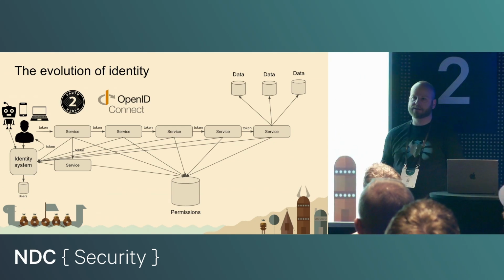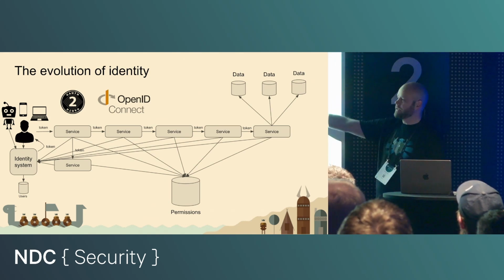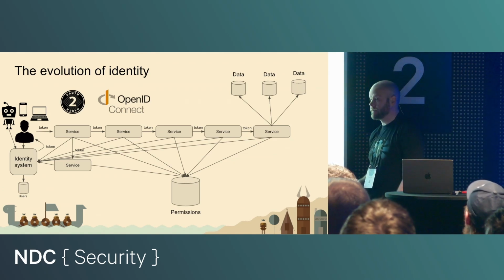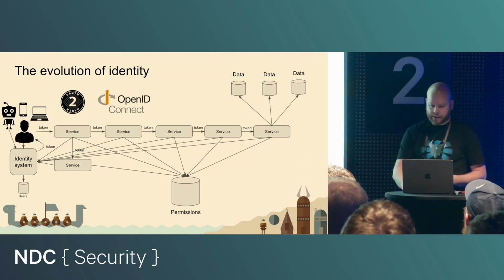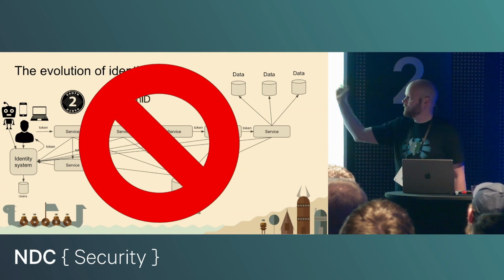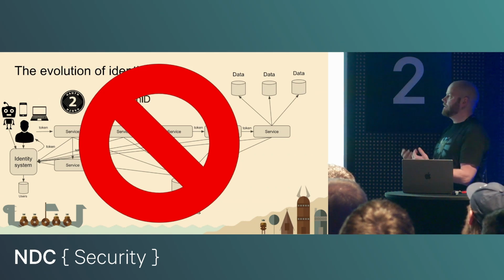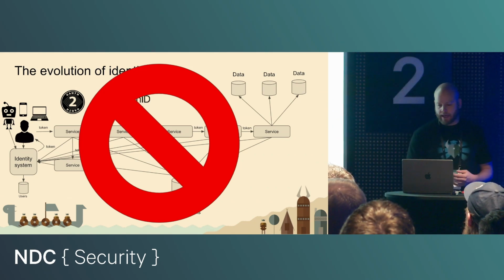I need to ask someone else. I need to ask whoever issued that token. So I need to go back to the identity system and say, is this a valid token? What user does that represent, or what client? And of course, we're kind of back at the original problem. Now we just kind of pointed our arrows elsewhere. But if all our services need to go back to the identity system and ask, we still have that problem.